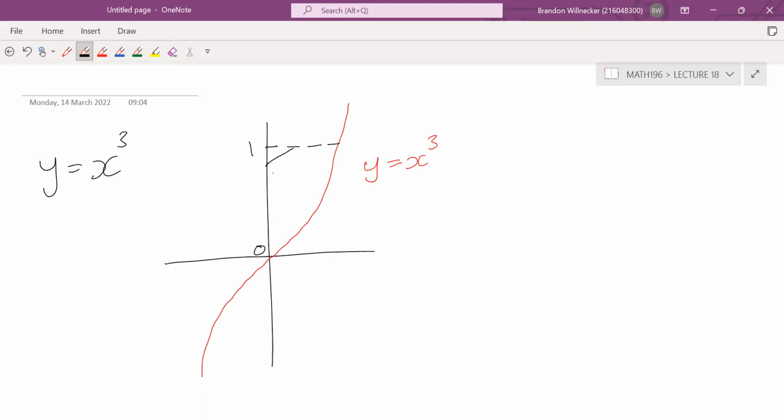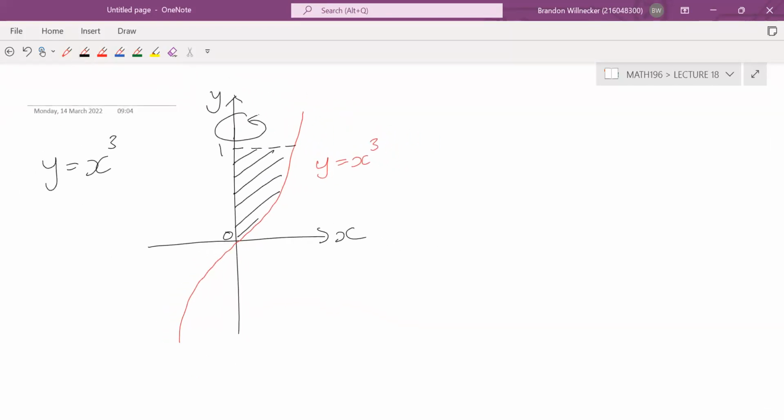So that's this portion over here. That's the portion we're going to be considering, from 0 to 1 along y, and then the shape is given by y equals x cubed. And we want to rotate this around the y-axis. So what kind of shape does this produce? Well, it's going to be very similar to the parabola shape. So it's going to look something like this.